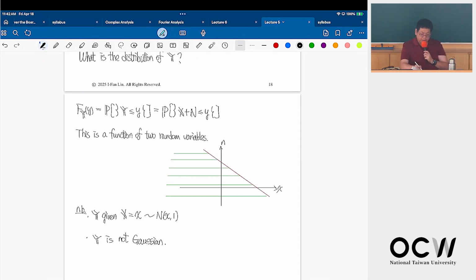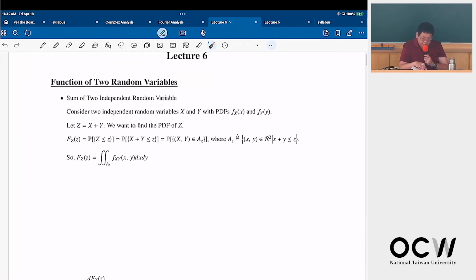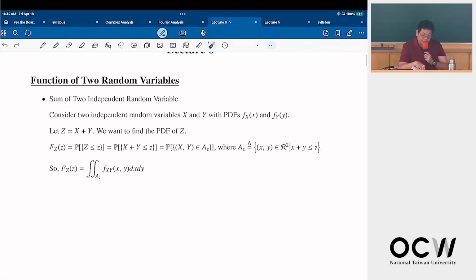So here we just mentioned that actually for y, that is a function of two random variables. Then the next type of random variables is the function of two random variables.